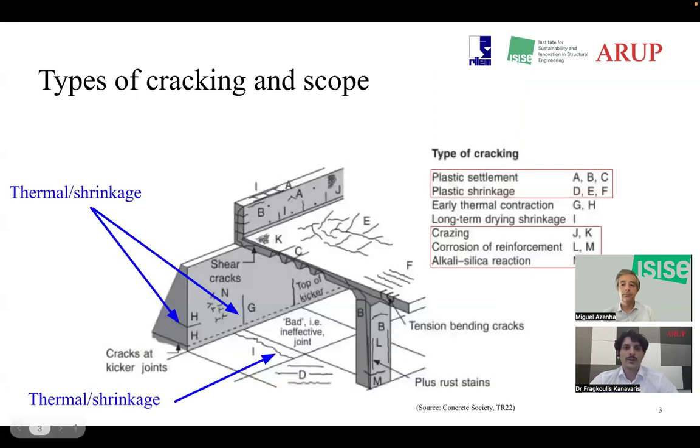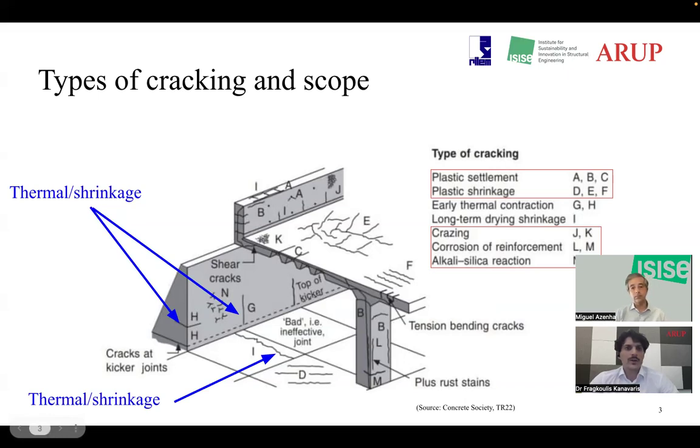When we're talking about cracking, there are several matters regarding the nature of cracks that should be considered. That commonly shown figure from the UK Concrete Society denotes qualitatively the most common types of cracking. For example, there are cracks which develop during concrete's plastic state, plastic shrinkage, plastic settlement, or crazing cracks, and those from other effects, such as alkali-silica reaction and reinforcement corrosion.